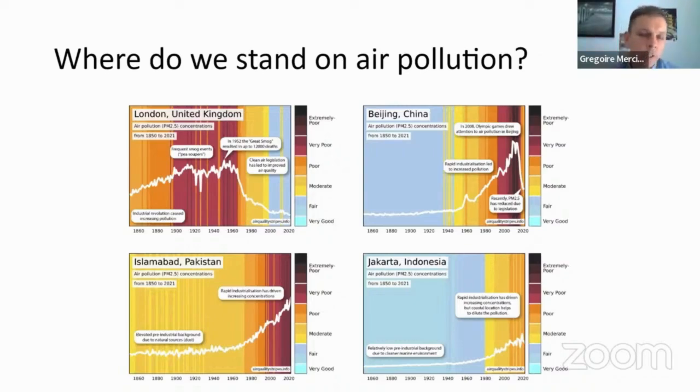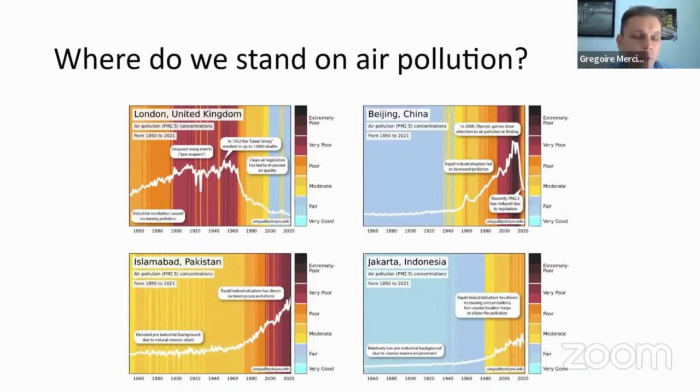And very interestingly, the researchers used, of course, the same colors and the same scale to show the average exposure to air pollution of this population on a yearly basis.